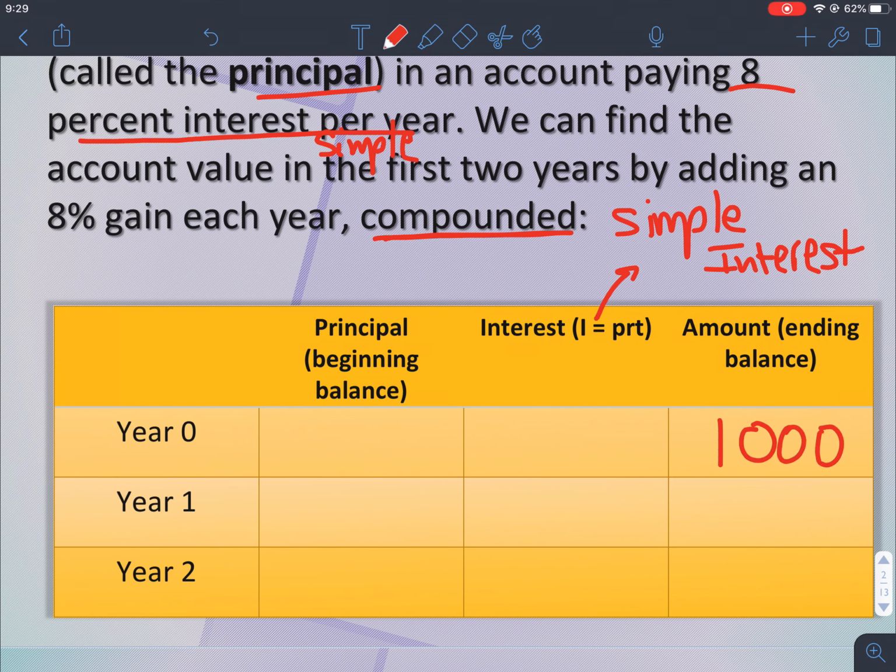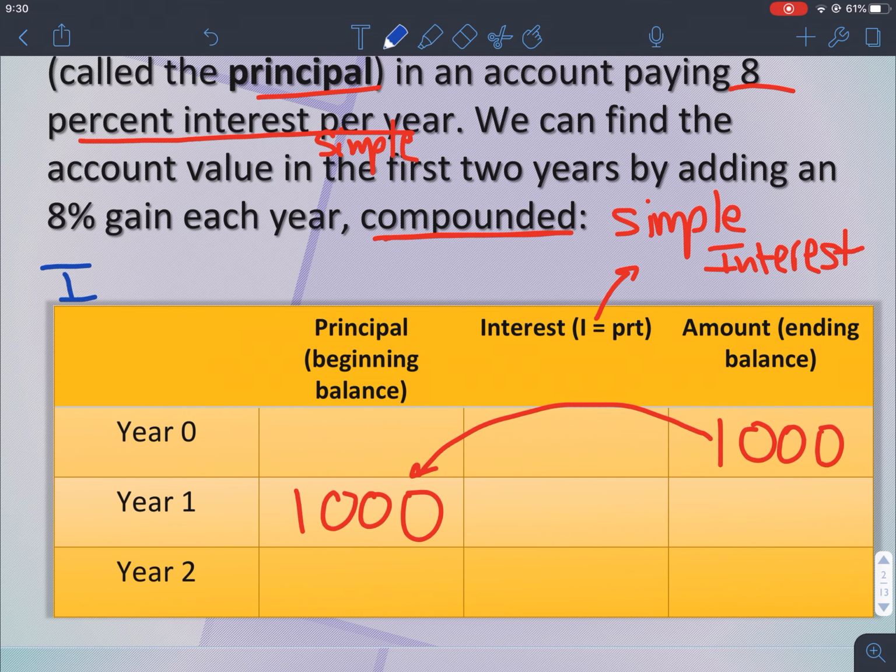Okay, so that's actually what we start with. So at the beginning of year 1, I'm going to transfer that to the beginning balance at January of year 1. And then I'm going to find the interest that I earn over the course of that year.